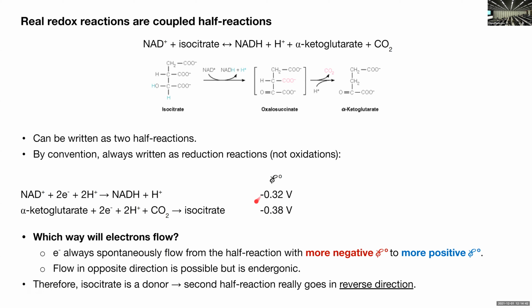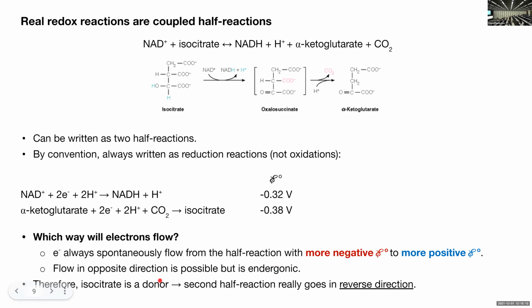So here, negative 0.38 volt is a little bit more negative, right? So this is going to be more oxidized when it's coupled to this NAD plus reduction. Does that make sense? So electrons always spontaneously flow from the half reaction with the more negative value, which tends to be more oxidized, to the more positive one, which is going to be more reduced, gaining electrons.